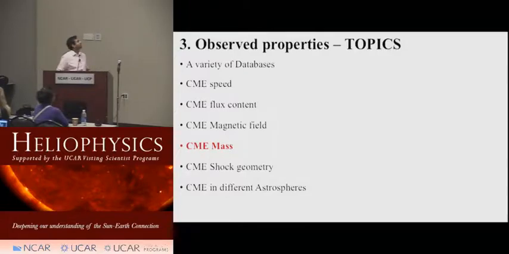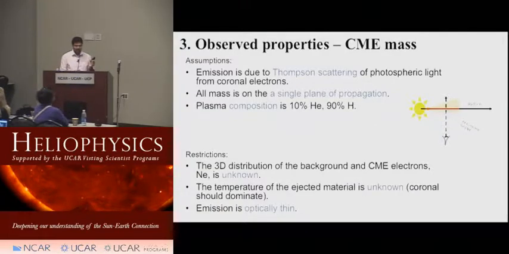CME mass is an intriguing one, and I'm running somewhat out of time, so I'm going to go through this quickly. What we have in coronagraphs is white light images, which means what we're seeing is electrons from a process called Thomson scattering. If you know how bright your pixel is, and you know some theory about Thomson scattering, you can make an assumption of how many electrons are all along that column between you and infinity that follows that pixel.